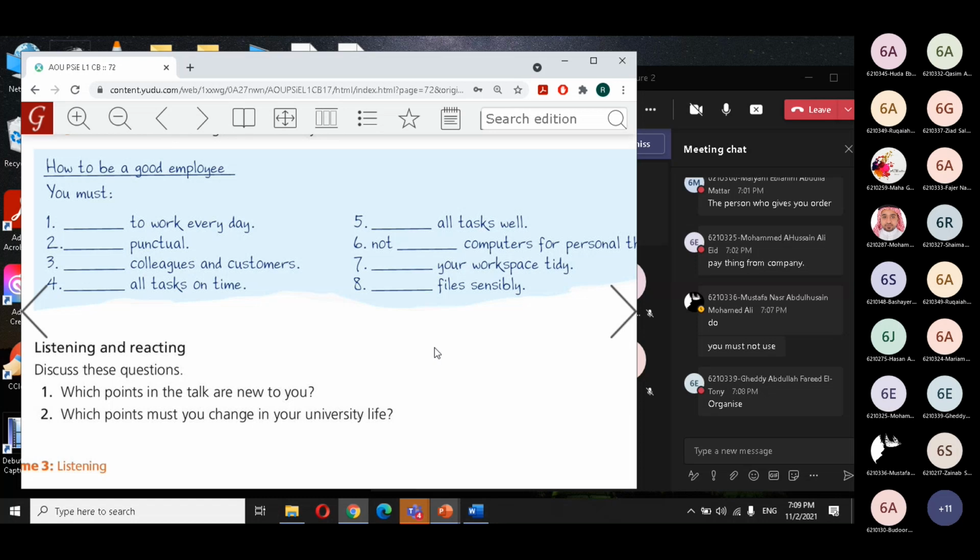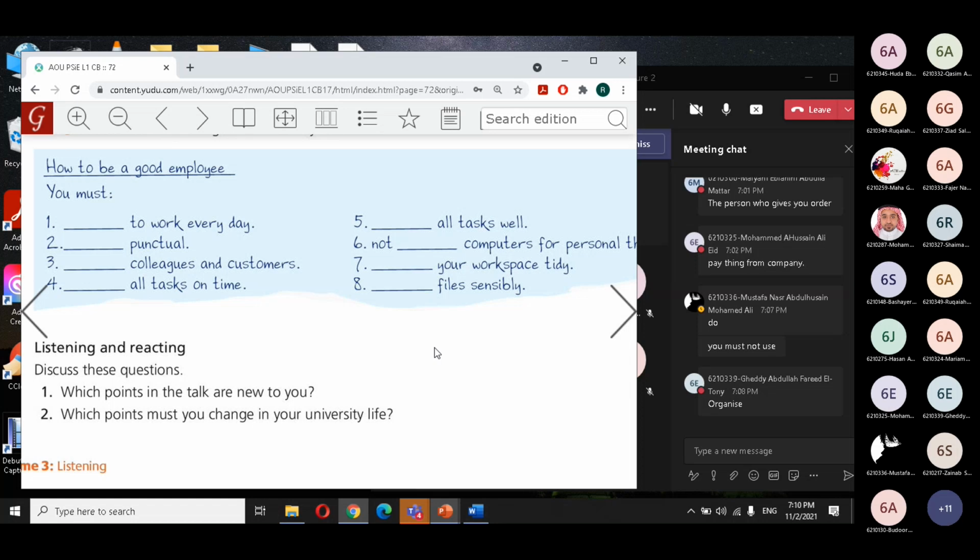So, how to be a good employee? The first point is you must go to work. And you remember we said if you are sick and you can't go to work, you must phone and tell your manager. You must be punctual. You must respect colleagues and customers. You must do all tasks on time.